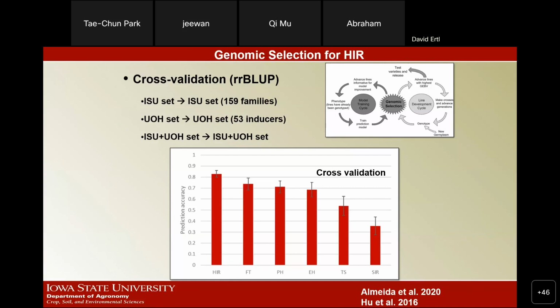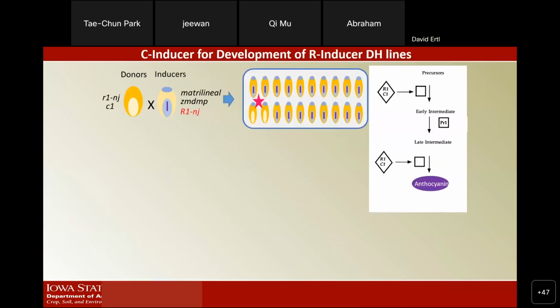To test that, among others, we were asking in cross-validation experiments, what is the prediction accuracy of haploid induction rate compared to other highly heritable traits like plant height, and it looked like that haploid induction rate is highly heritable. So we felt confident that this would make sense and is promising to move forward on.